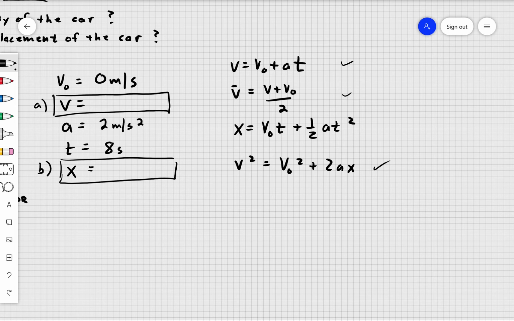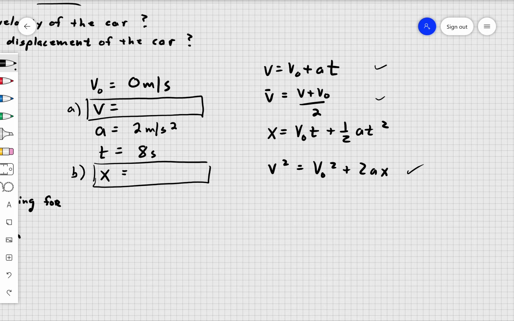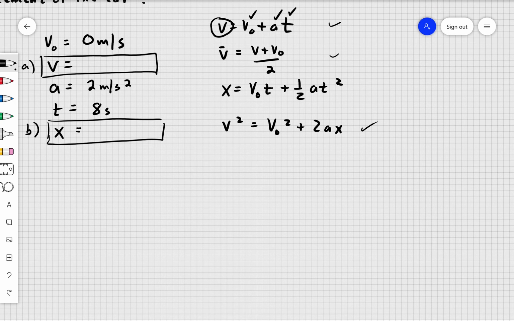So starting at the top of the list, do we know the other variables? Well, we happen to know v naught, a, and t. And this is the variable we're looking for. And look, this equation doesn't even need to be manipulated.